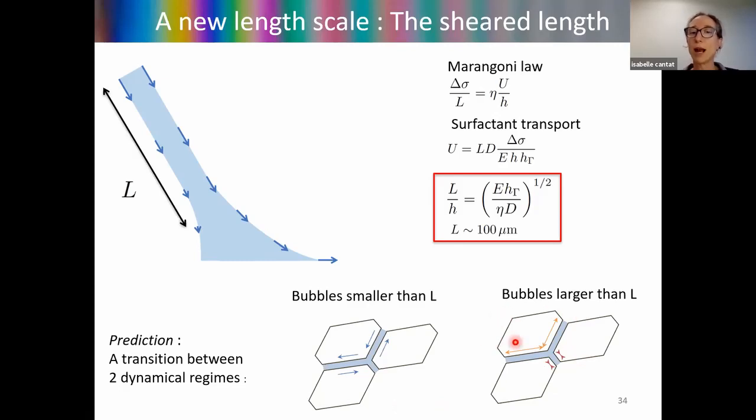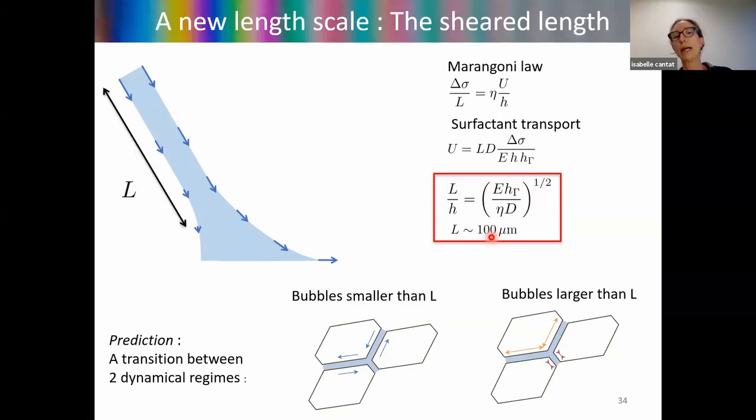And for bubbles larger than this length scale, you get mainly a stretching and compression of the film and dissipation only close to the meniscus, in a small domain scaling this way.